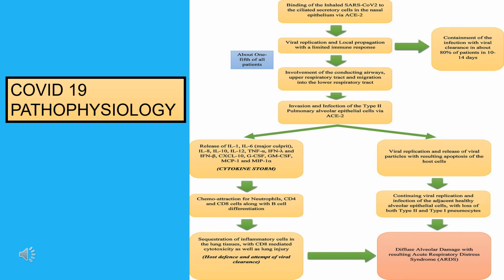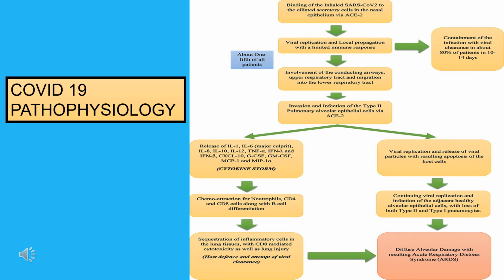The virus invades and enters the type 2 alveolar epithelial cells via the host receptor ACE2 and starts to undergo replication to produce more viral nucleocapsids.